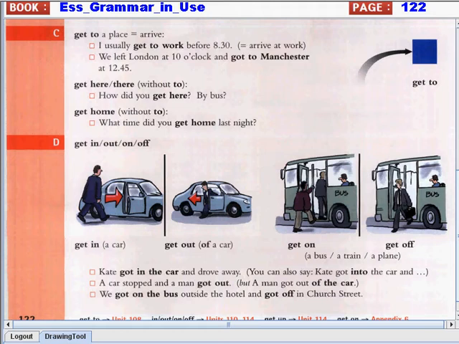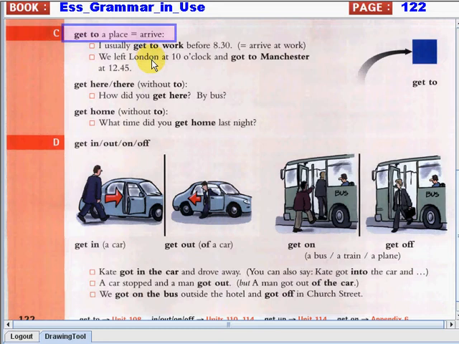Now, we will talk about the word get plus the preposition to, which means to arrive. Get to a place means arrive. For example, I usually get to work before 8:30, meaning you usually arrive at work before 8:30.